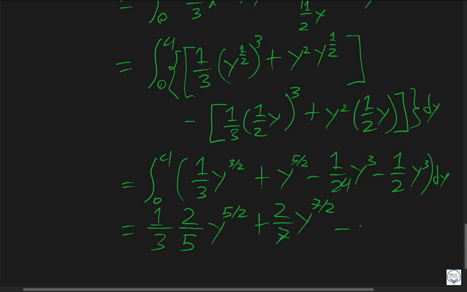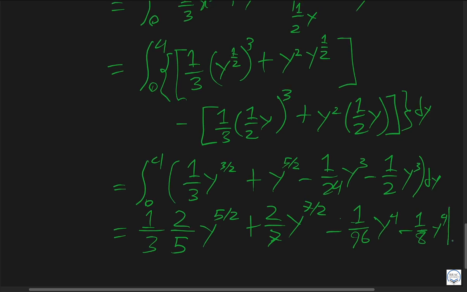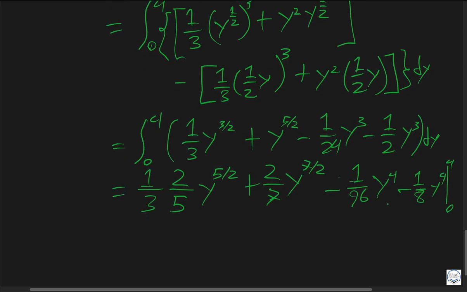Here, if I increase the power, you get 4, and 24 times 4 is 96. And now we increase the power by 1, so we get y to the power 4, and we divide by 4, so we get 1/8 y to the power 4.